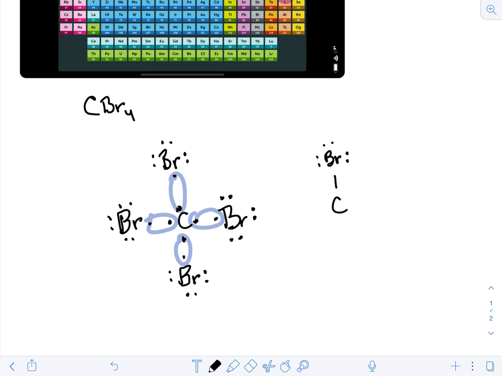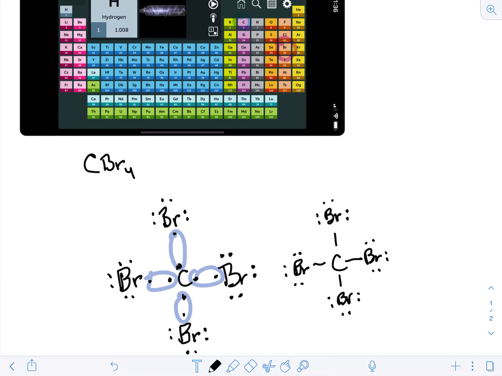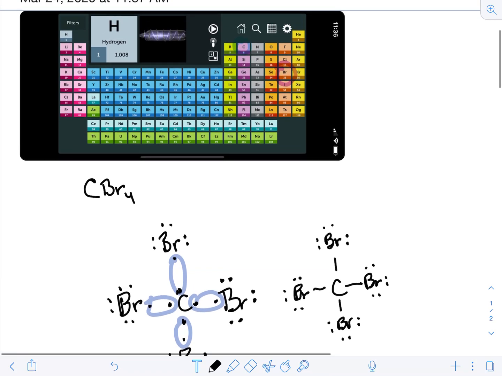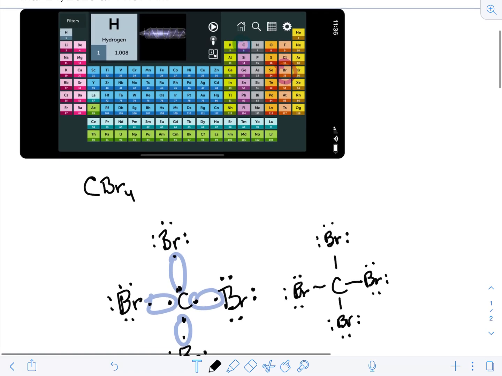So carbon is still in the middle, and bromine is surrounding it. And notice that bromine has 3 sets of valence electrons that are not part of that covalent bond. Okay, so that's how I would draw carbon tetrabromide.